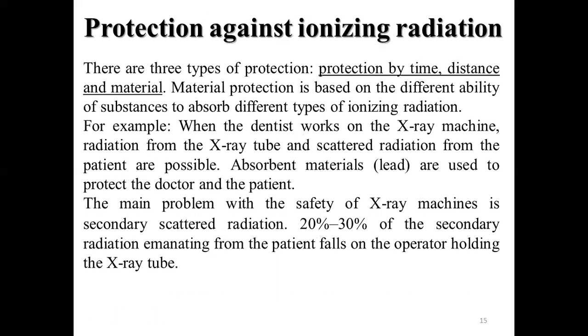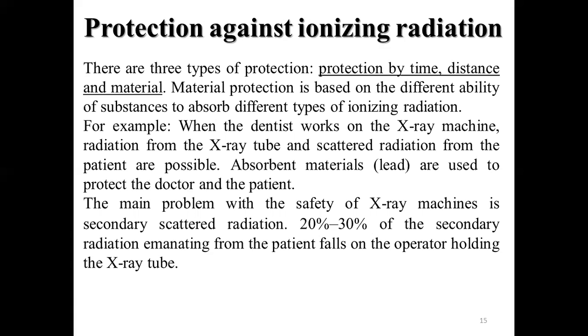Protection against ionizing radiation includes 3 types of protection. Protection by time, distance, and material. Material protection is based on the different ability of substances to absorb different types of ionizing radiation. For example, when the dentist works on the X-ray machine, radiation from the X-ray tube and scattered radiation from the patient are possible.